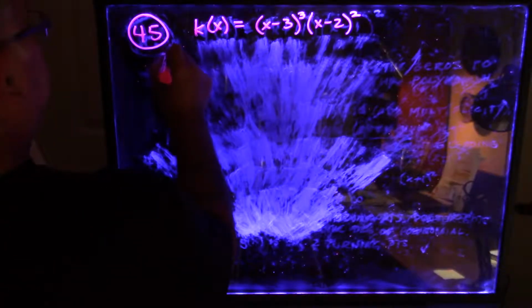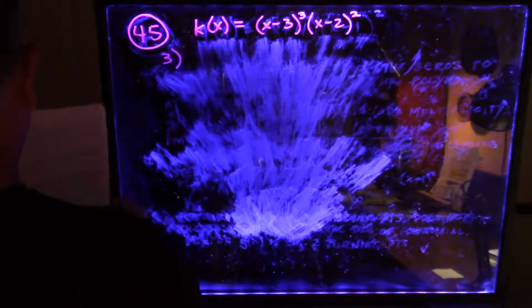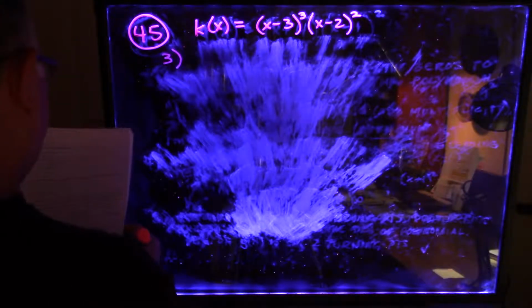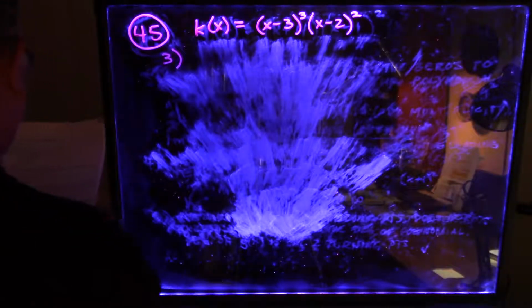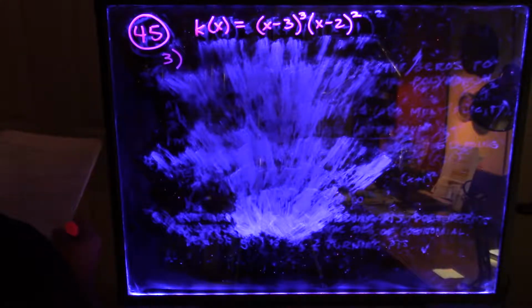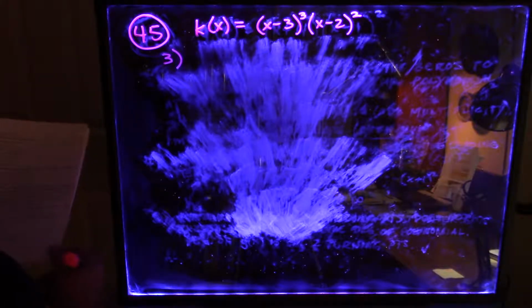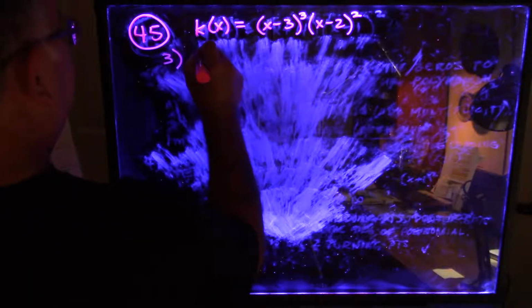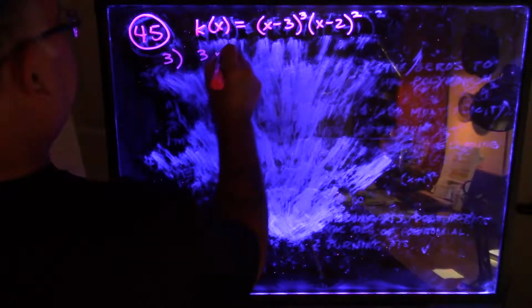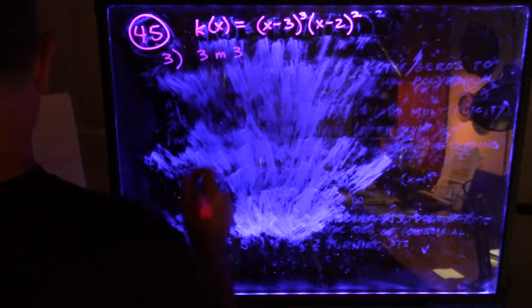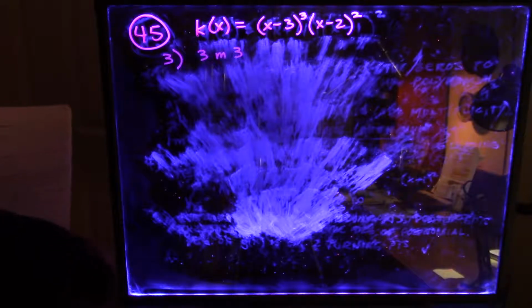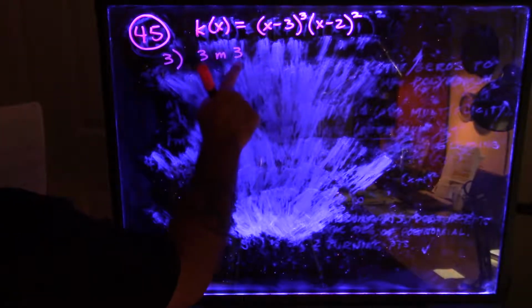So, step 3, here we go. Use the multiplicities of the zeros to determine the behavior of the polynomial at the x-intercepts. So, again from page 244. So we have 3 multiplicity 3. What does it do at x equals 3? It crosses because of odd multiplicity.